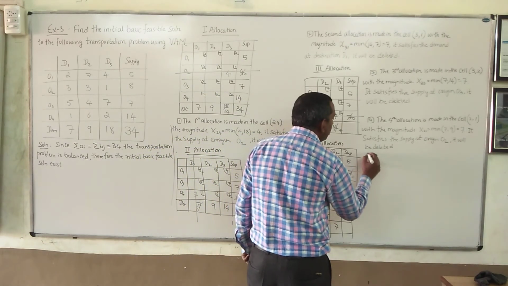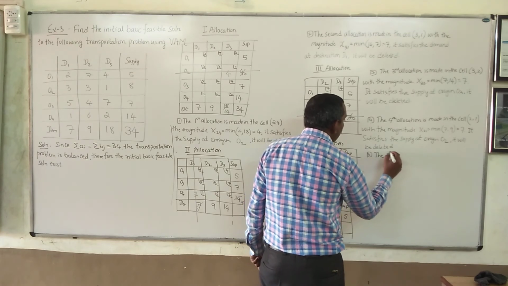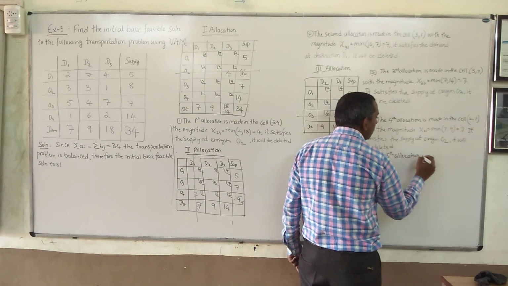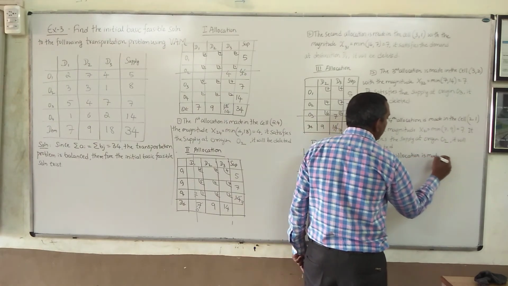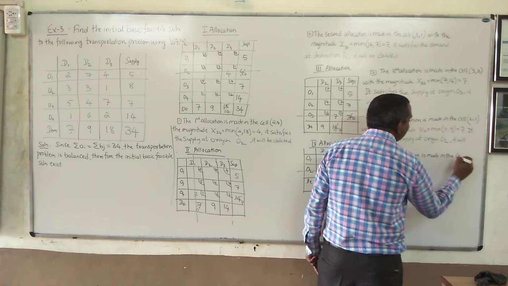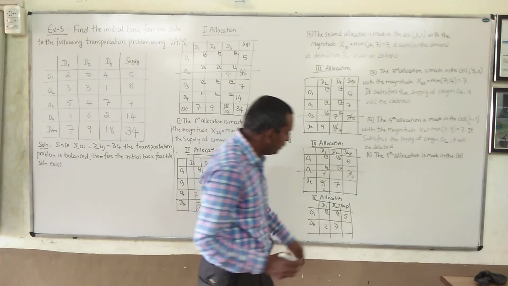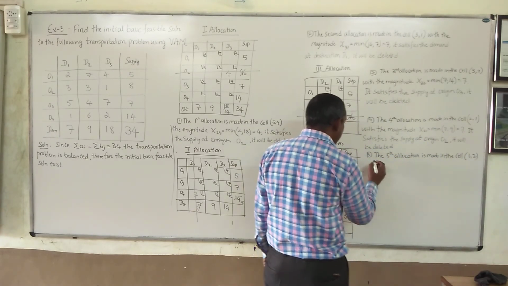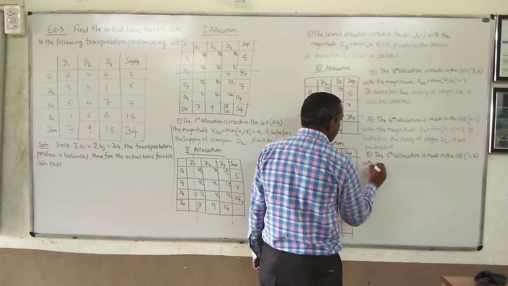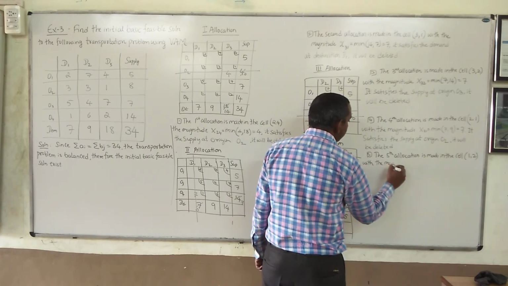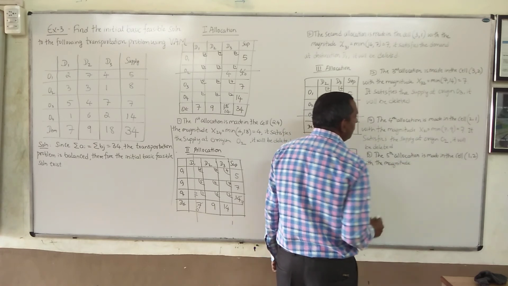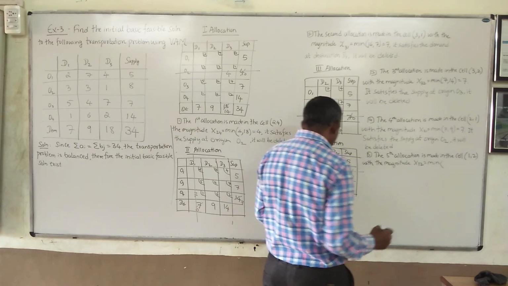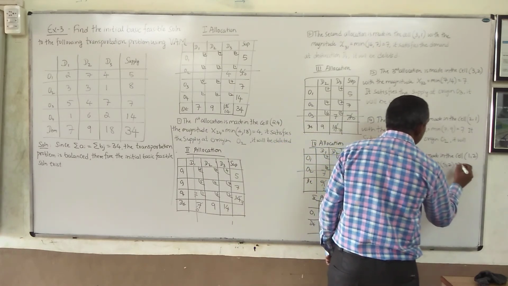So the fifth allocation is made in the cell 1 comma 2, with the magnitude x12 is equal to minimum of 5 and 2, that is 2.